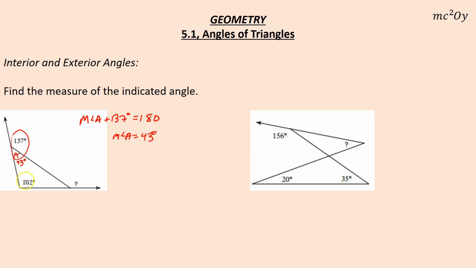Now I can say, well, 43, 102, and let's call this B. If I say 43 plus 102 plus the measure of angle B is equal to 180, how come? Well, because they make a triangle. Right? And so that means 43 and 102, which is 145, plus the measure of angle B is equal to 180, meaning the measure of angle B is actually 35 degrees.